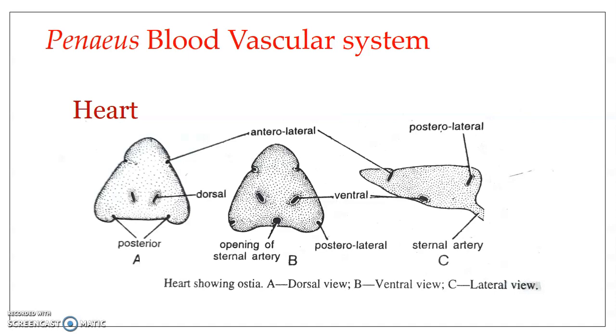So what we have is a pericardial sinus, where we can find the heart. The floor of the pericardial sinus, specifically referred to as the pericardium, has valvular openings, and through these valvular openings the blood flows into the pericardial sinus, and from the pericardial sinus the blood flows into the heart through the ostia.